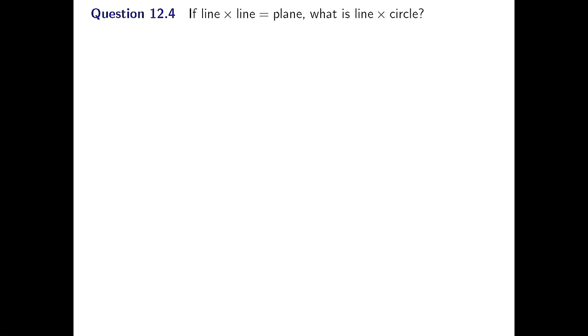Any suggestions? The way to think about this is you've got an axis and you're running your circle along that axis, and it's going to trace out a whole cylinder, going infinitely if your line is infinite, and only finitely if your line is finite.